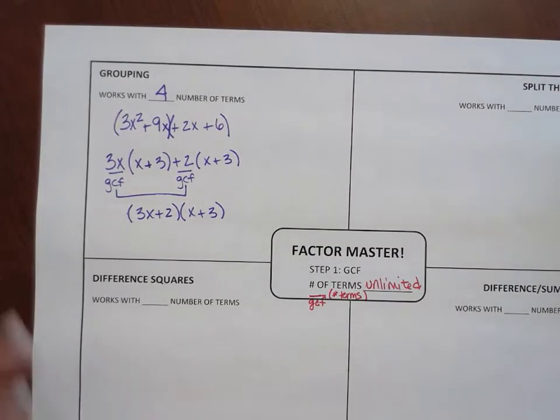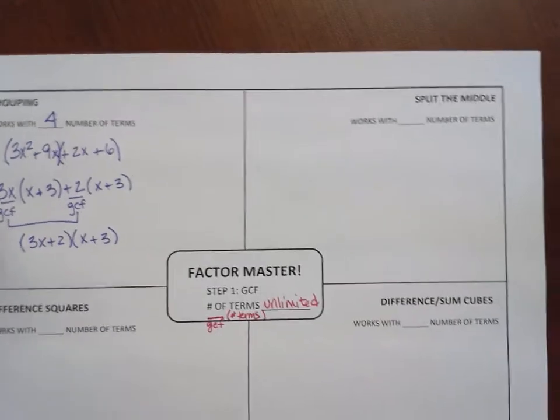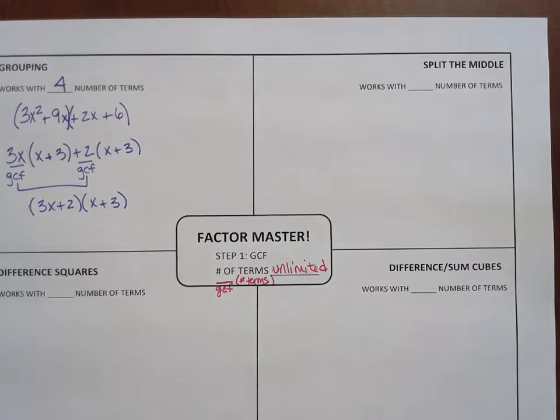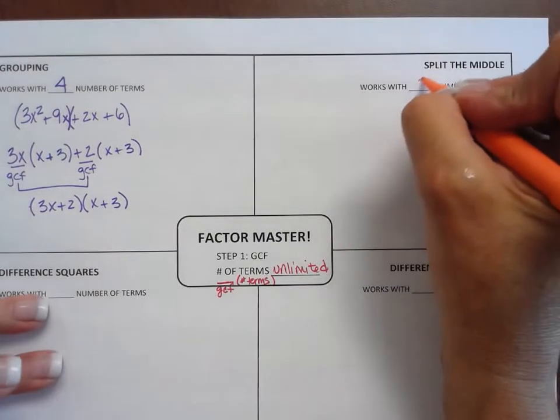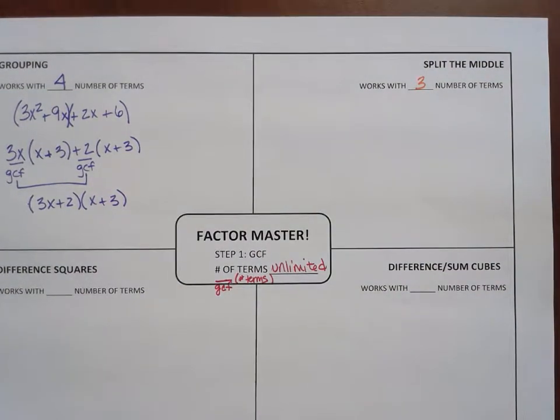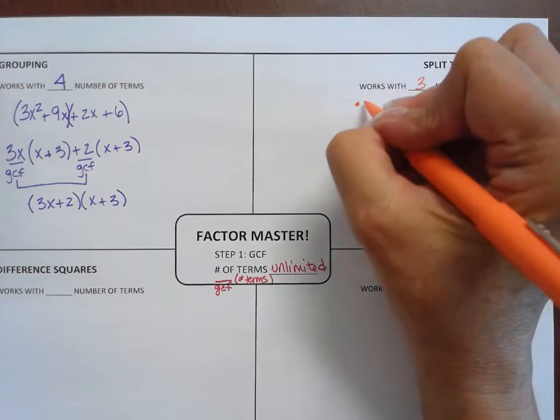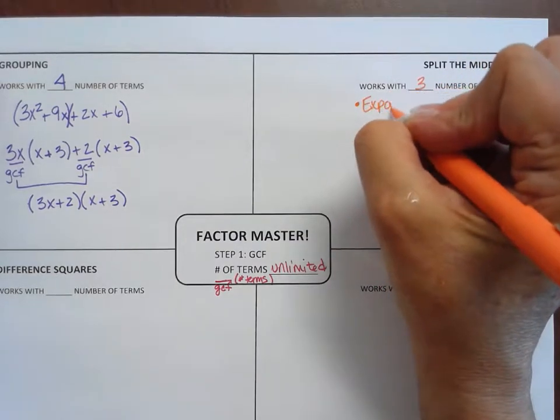Okay. All right, split the middle. How many terms does it work with? 3, right? And one of the things about split the middle is that your exponents have to be even.